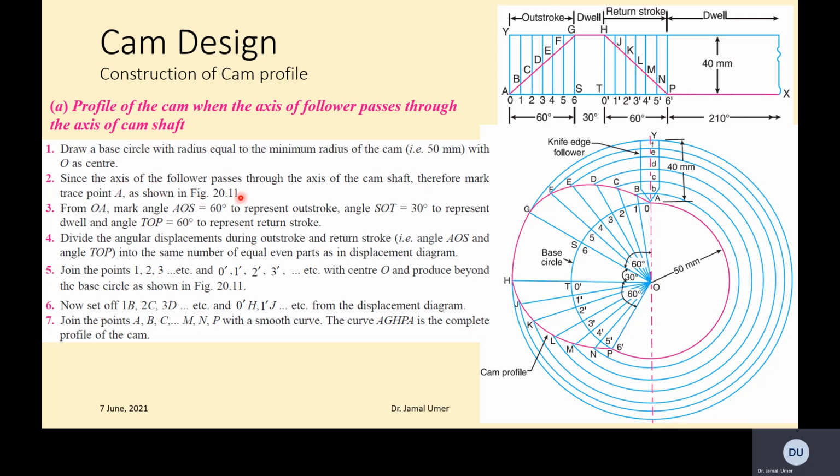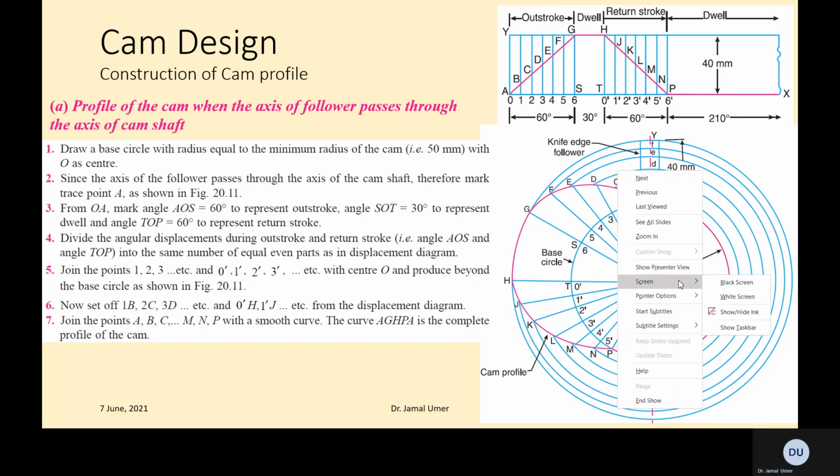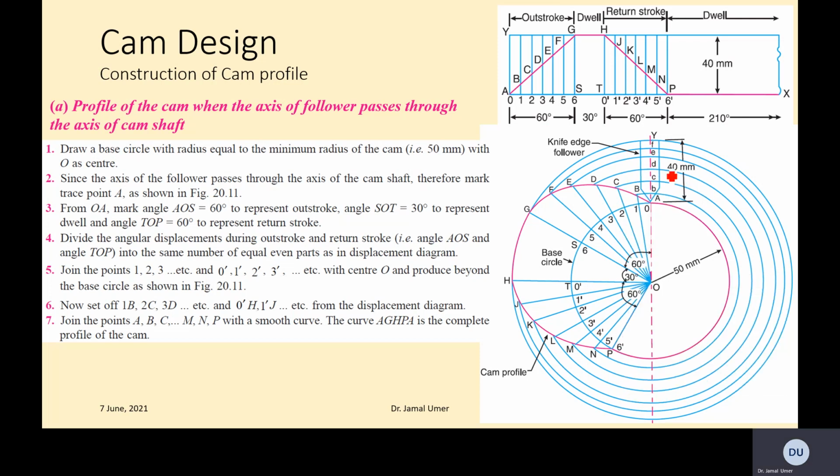Since the axis of the follower passes through the axis of the camshaft, this is the knife edge follower, and you see it is passing through the cam axis, right?